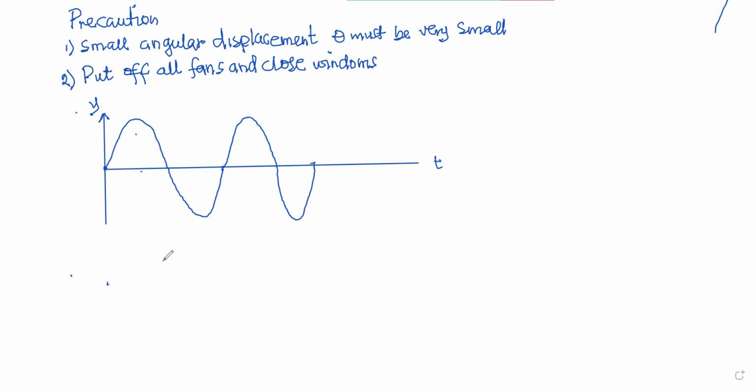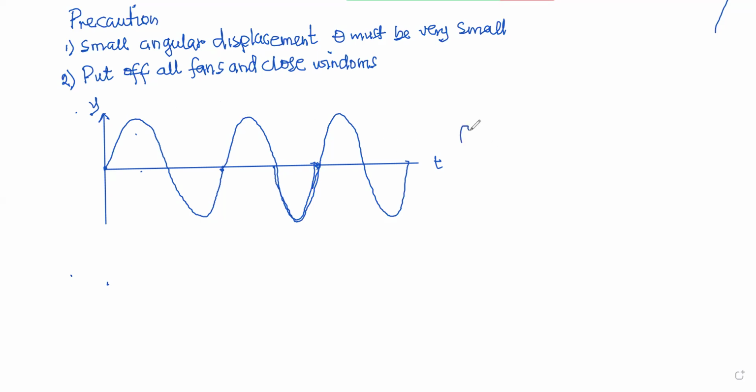This is what happens when the angular displacement is small. The body would oscillate freely. In free oscillation, amplitude of oscillation is the same. If we are to even draw it for 3 cycles, each cycle would give us the same amplitude throughout.